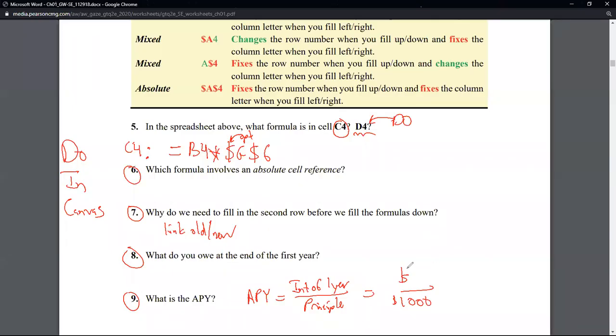So I'm going to say this is the answer to number 8 minus 1,000. Let me delete the cash symbol just because that makes it look ugly. Eraser. Draw. So it's the answer to number 8 minus the $1,000. And then convert it to a percent.